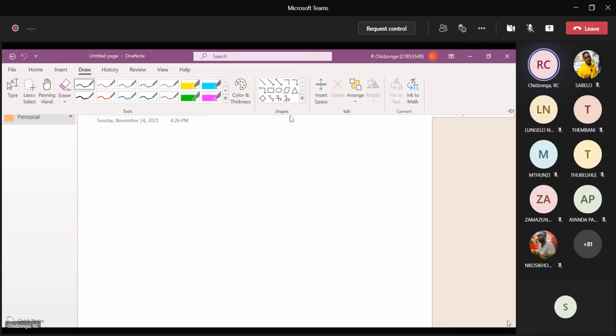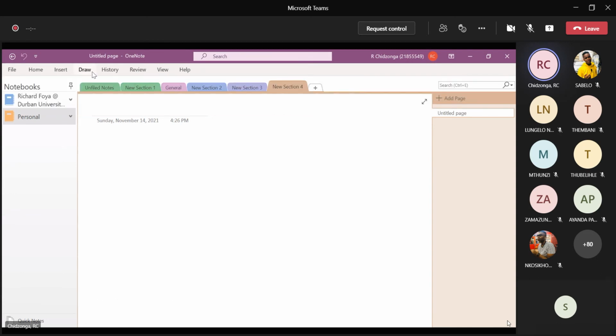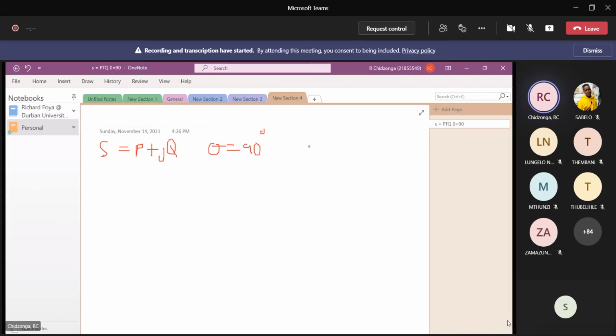If you look at a situation where the power factor angle is 90, it means when you say S equals P plus jQ, if theta equals 90 degrees, P is actually equal to 0.